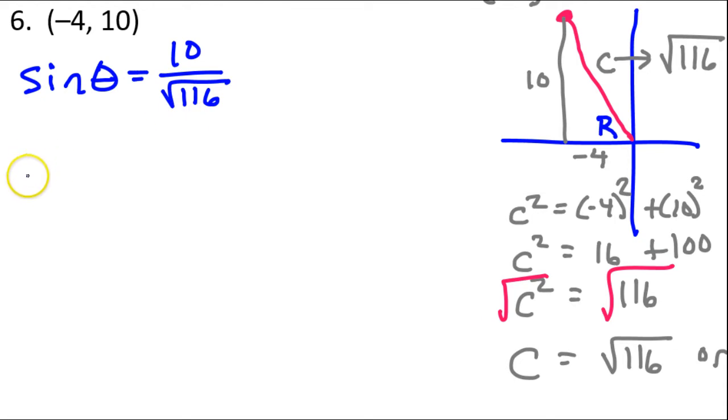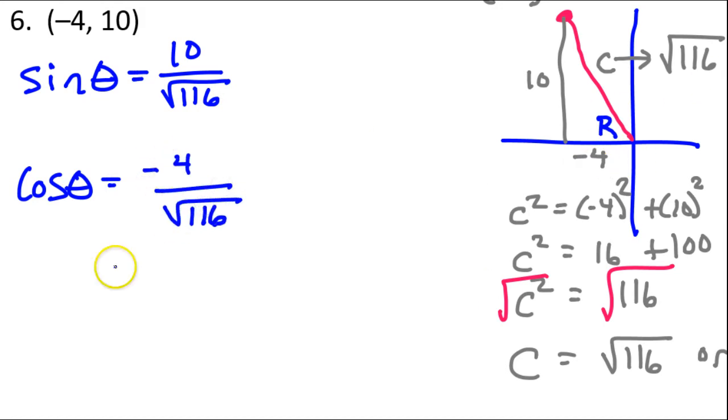Okay, cosine is going to be adjacent over hypotenuse, so that would be negative 4 over radical 116. And tangent is going to be opposite over adjacent, so that's going to be 10 over negative 4. Now I'm going to reduce this one because that would be 5 over 2.